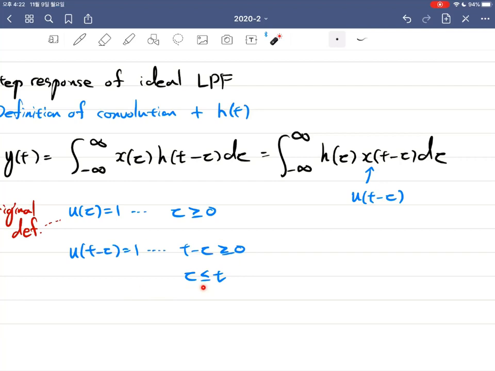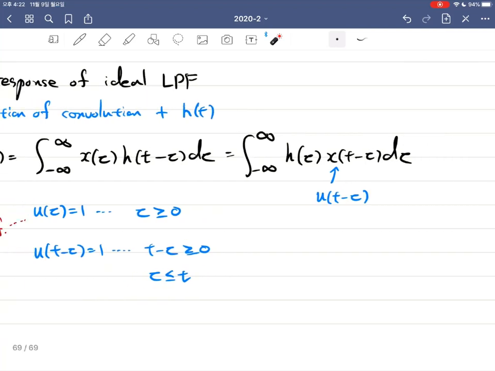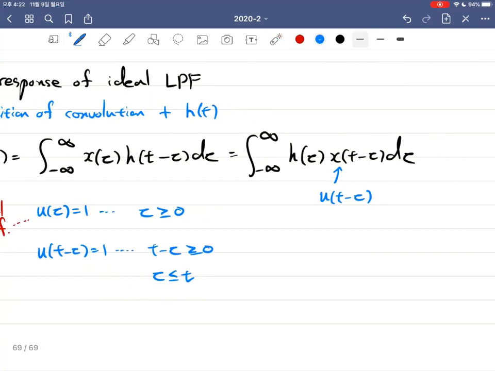So with this kind of stuff, this integration becomes, if tau is smaller than or equal to t, you will have the value 1, which means this h of tau survives.